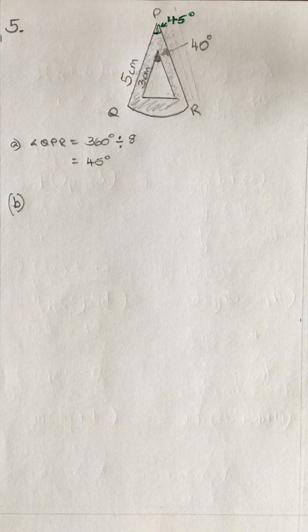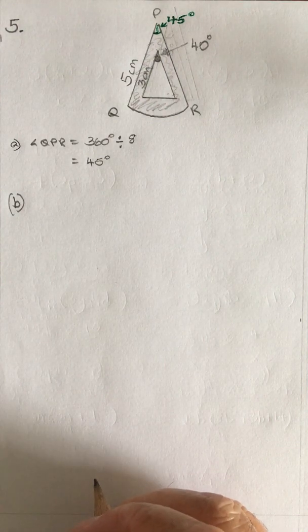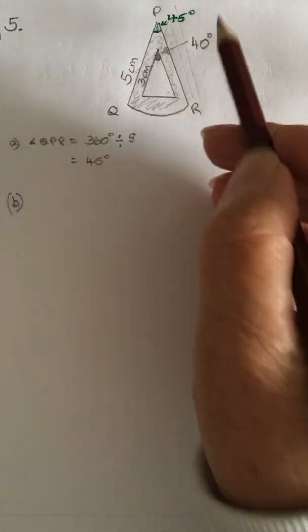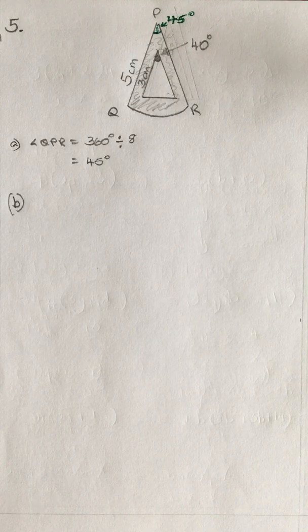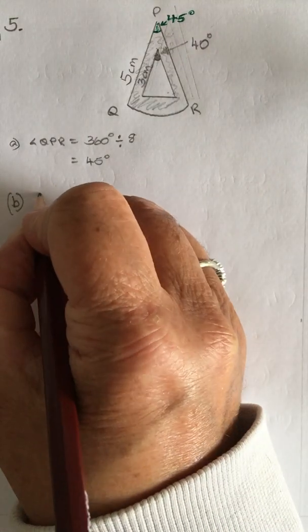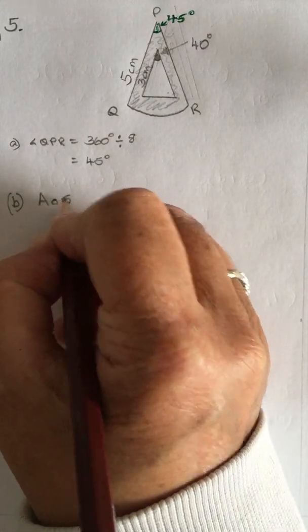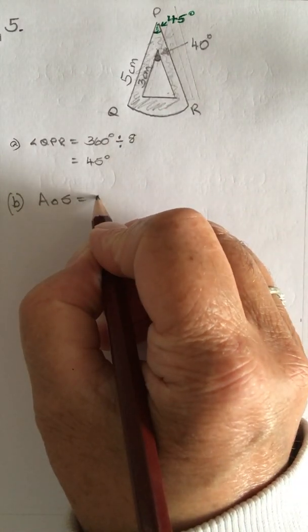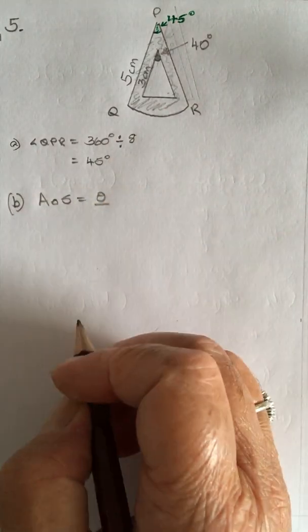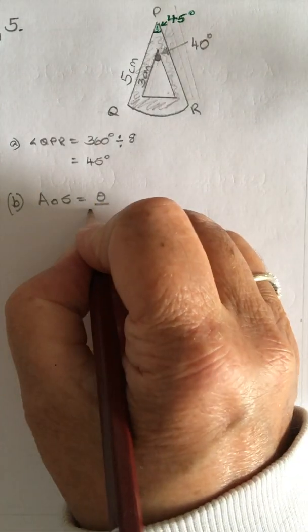Now, you can use the fraction of the whole circle to work out the area of the sector. So area of sector equals, so it's the fraction, which I'll call theta, or you could call x, out of 360 degrees altogether.